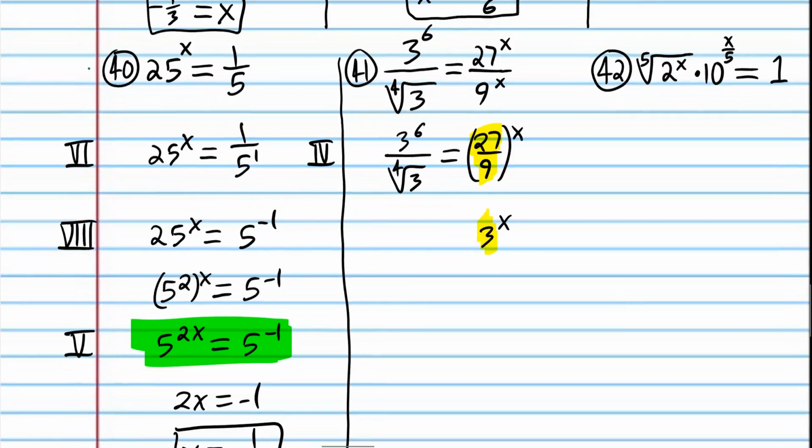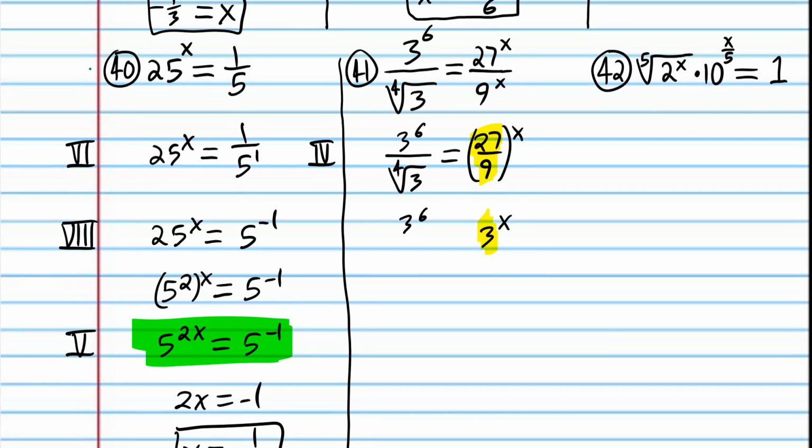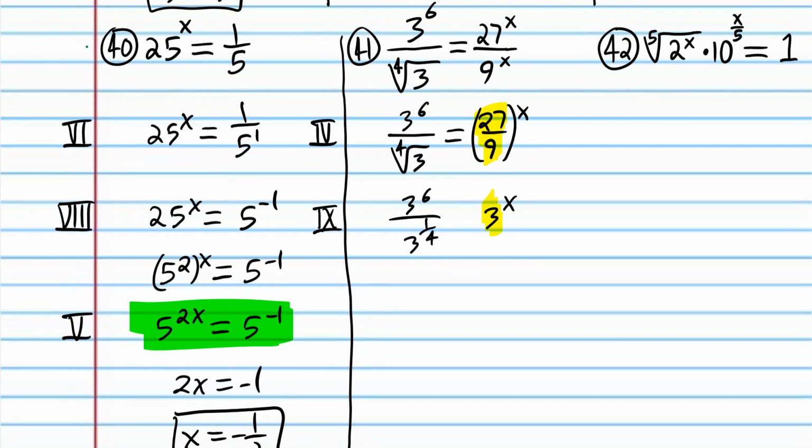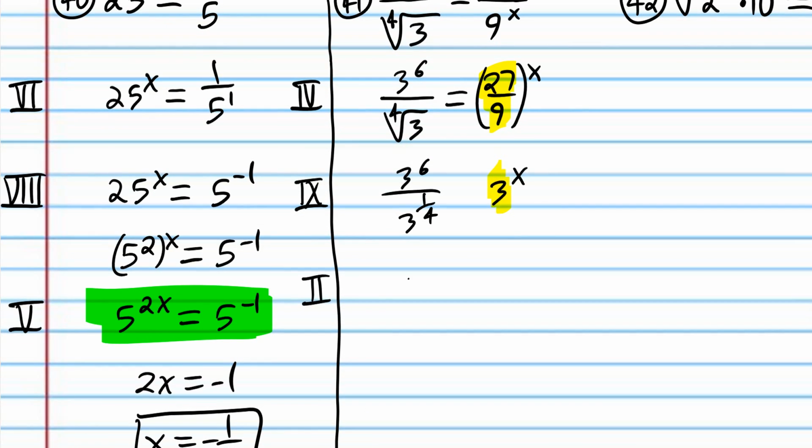And I'm going to change the denominator to 3 to the 1/4 power. That's rule number 9. And I'm going to use rule number 2. We're dividing powers, so because we have the same base, we can just subtract the exponents.